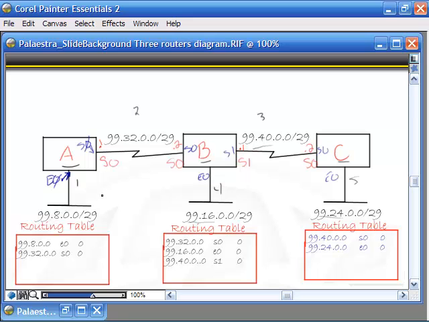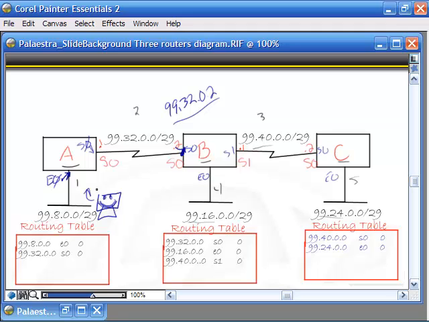So again, one more time, if I had a computer here, and let's say from this computer I am simply trying to ping this interface, serial 0 on router B, 99.32.0.2 is the IP. If I try to ping that, again, it's important for all routing tables to be populated for this to function.